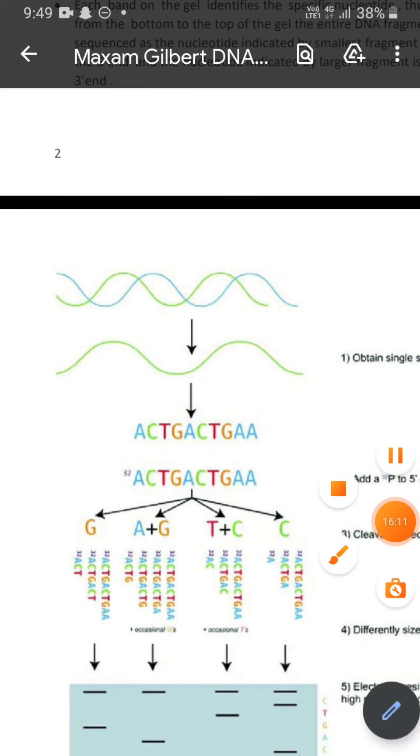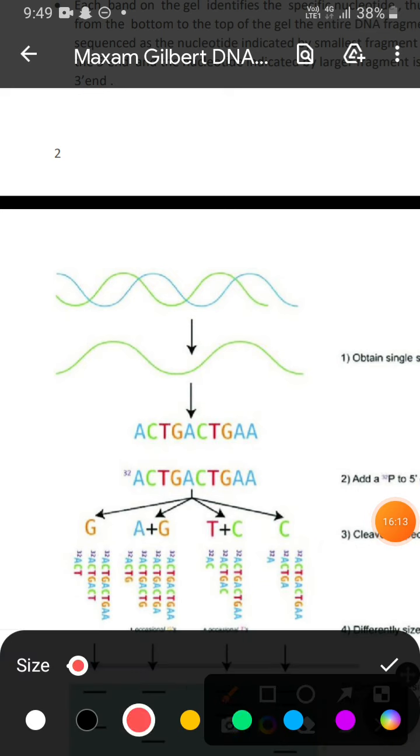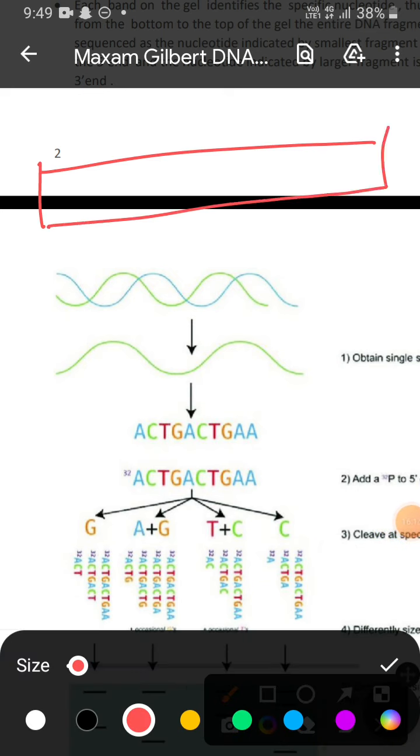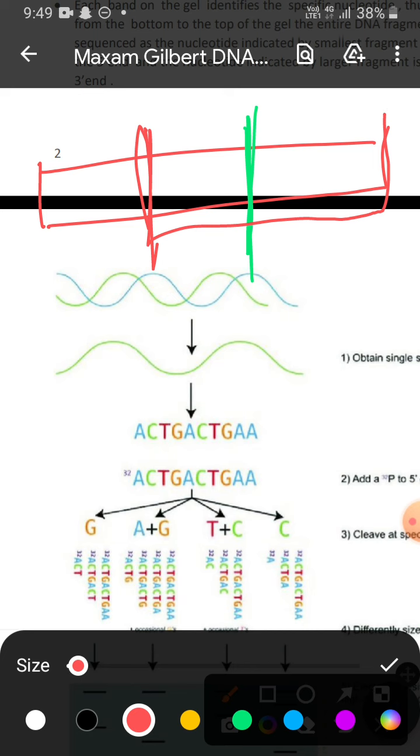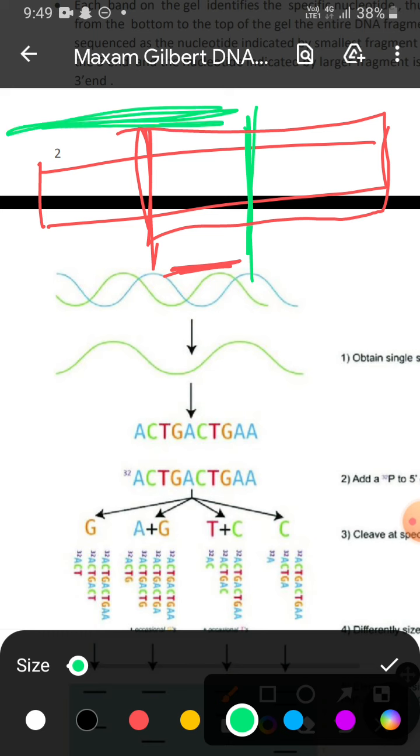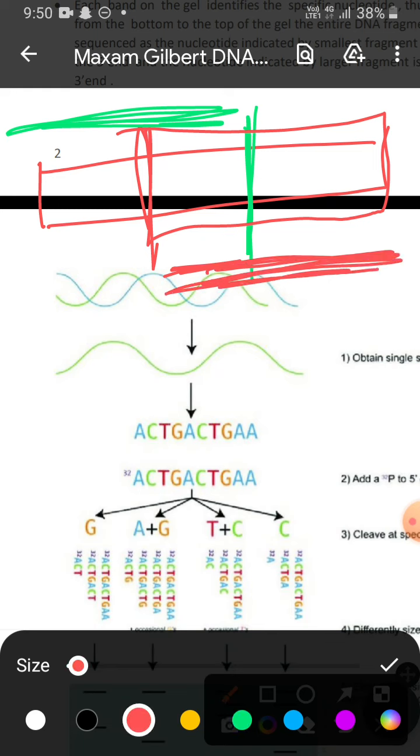Let me draw it. And you have already data about what is present here, so this sequence will give you the details of the sequence that is present in that part, and this red marked portion will give you what is present in that part.